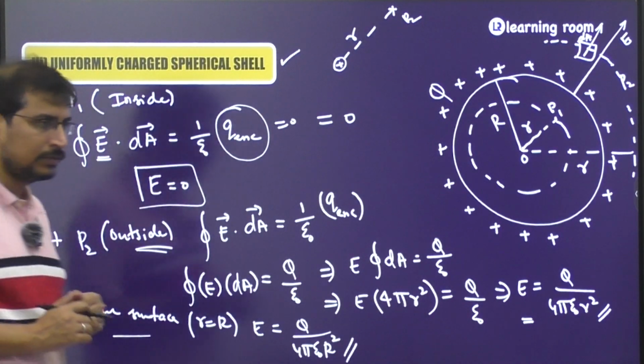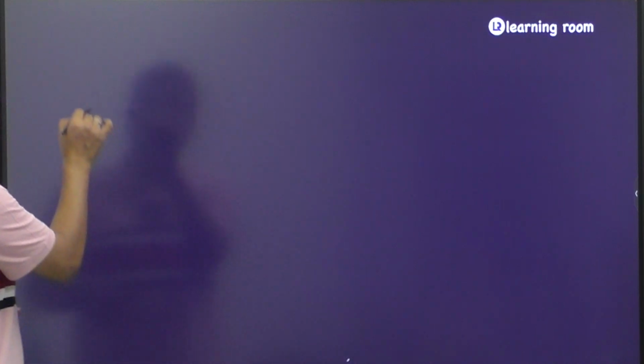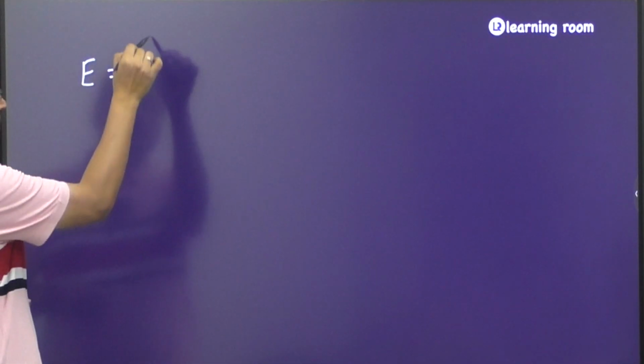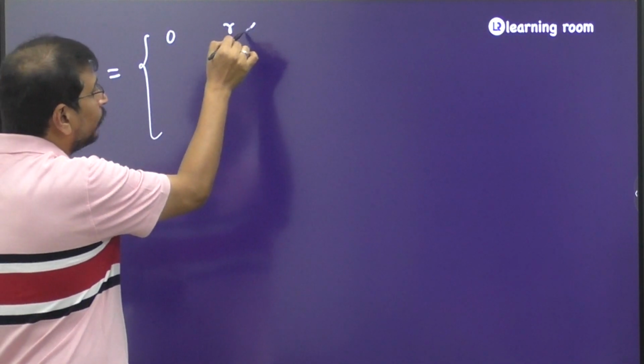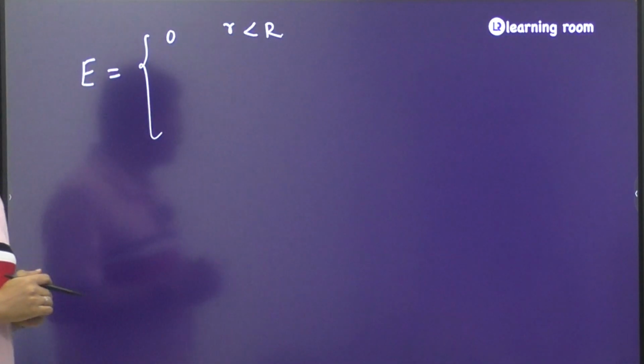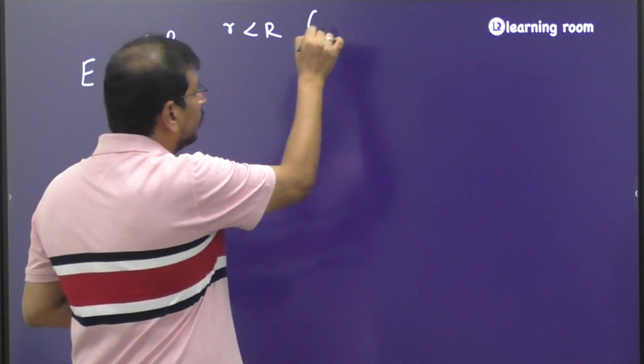Right, having said this, if I frame a small mathematical equation, meaning if I write the value of E, E will be equal to 0 when the value of small r is less than capital R. Meaning, if it is inside. Am I right?